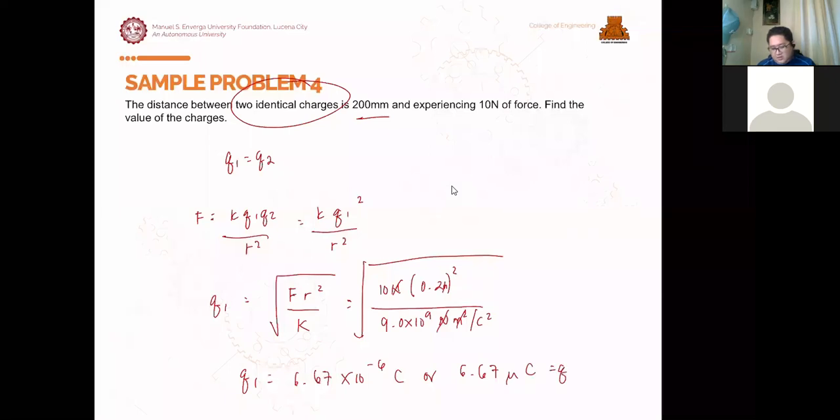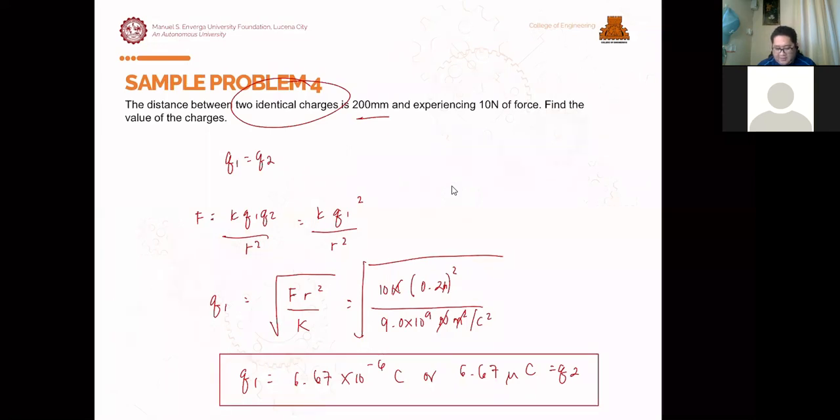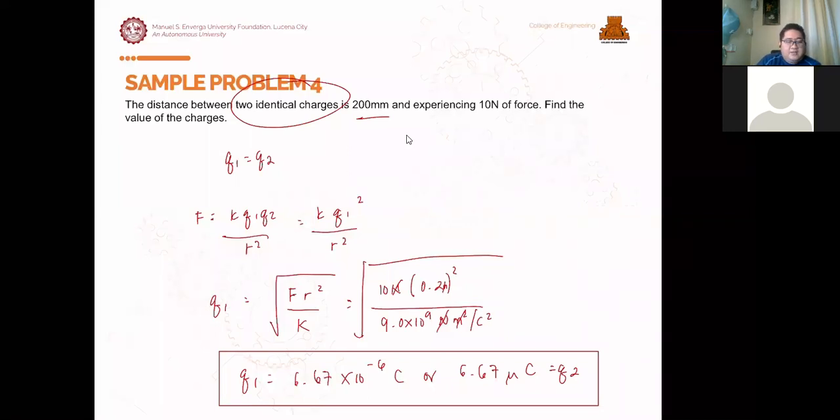Yan yung value ng Q1 and Q2 natin. Okay? So, don't forget yung ating exponent or yung unit natin dapat tama, no? Kapag ang nalagay nyo is 6.67 coulombs, that is incorrect. Halimbawa, 6.67 times 10 to the 6 coulomb, that is incorrect.